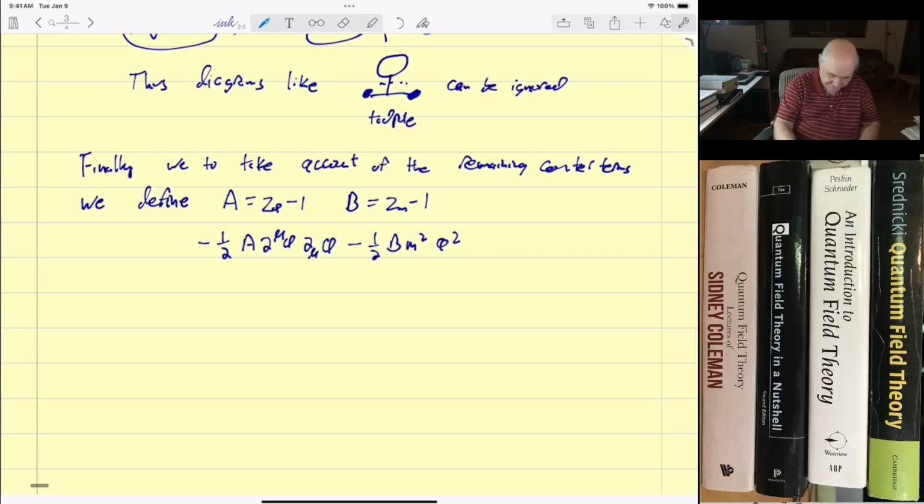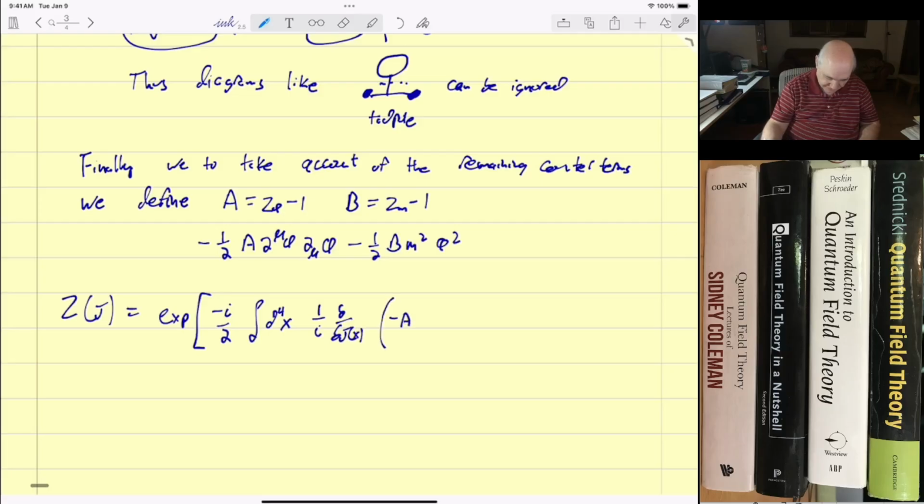So we have our new complete interacting path integral, which will be equal to exp, and I'll just write it down, minus i over 2 integral d4x 1 over i delta jx minus a partial x squared plus b m squared 1 over i delta jx operating on z1j.